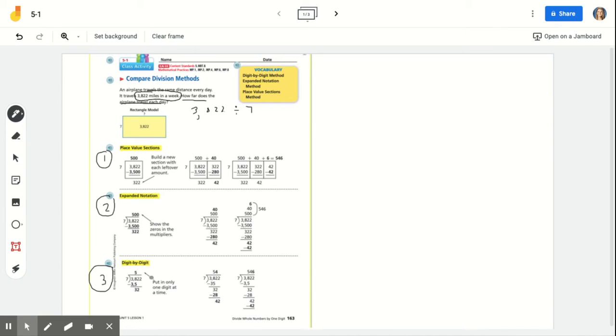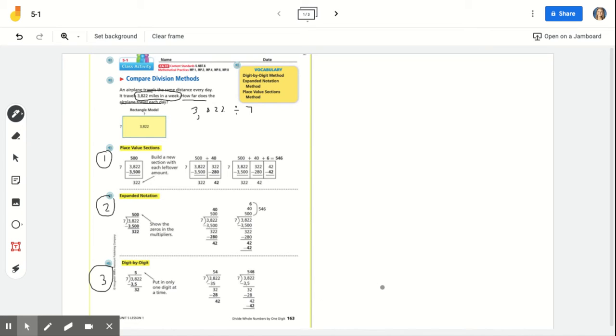We set it up this way with the dividend in the middle with the long division symbol and the divisor on the outside. And we put in only one digit at a time. We divide, multiply, subtract, check, bring down, and then repeat. And they also, again, with this method, arrived at 546 as their quotient or their answer.